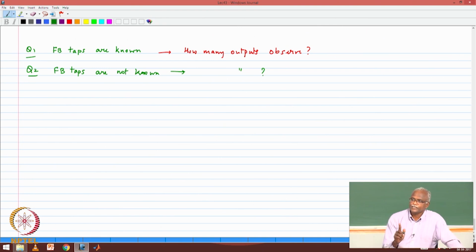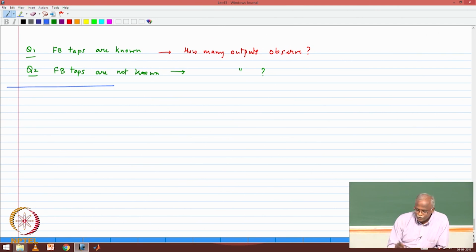Because PN sequences are often used in encryption. So, if you want to crack the encryption, you must be able to synchronize with the PN sequence, and so you must be able to figure out what the feedback taps are and what the current state is, so that you can then track the sequence. But that's an aside, just for simple things for you to think about.